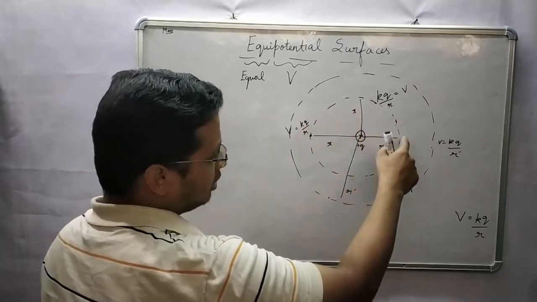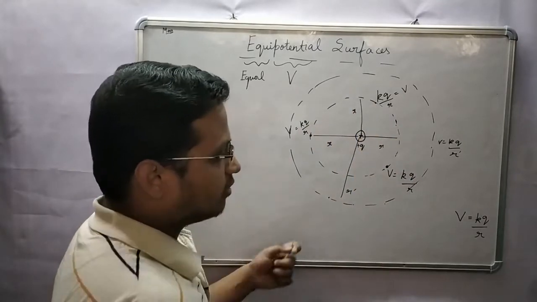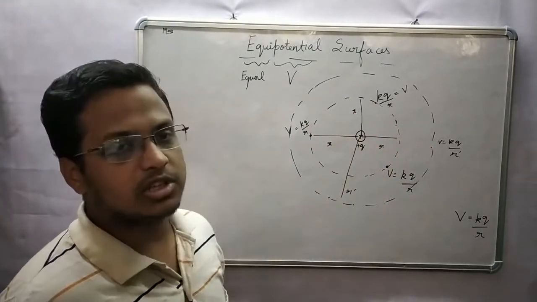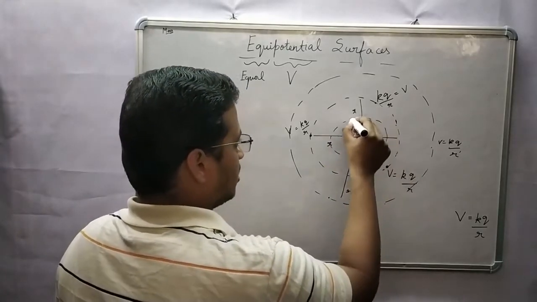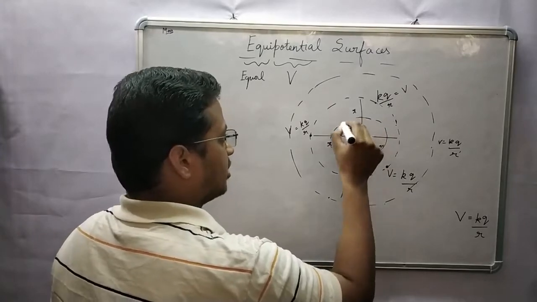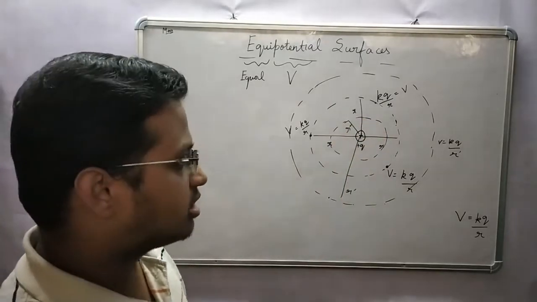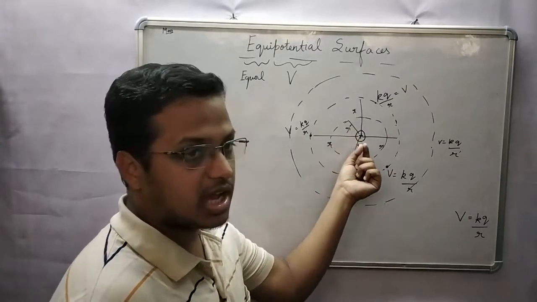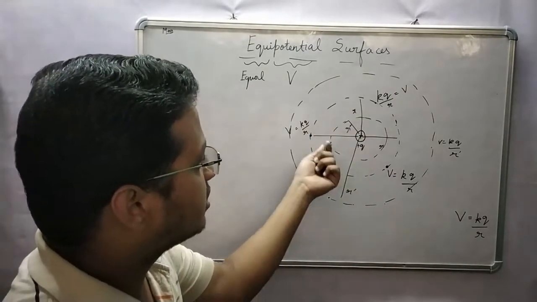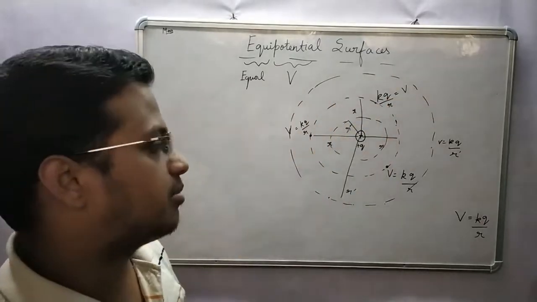Similarly, all the points on this surface will form a different equipotential surface. Similarly, if we take a surface nearby with some other radius r double dash, this will also be an equipotential surface. So for a given point charge, the equipotential surfaces are spherical in shape.